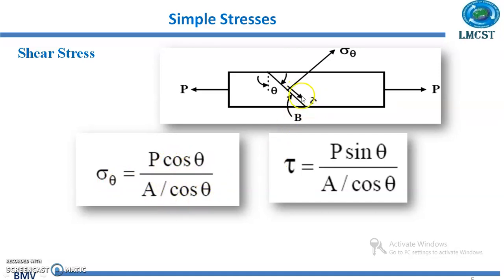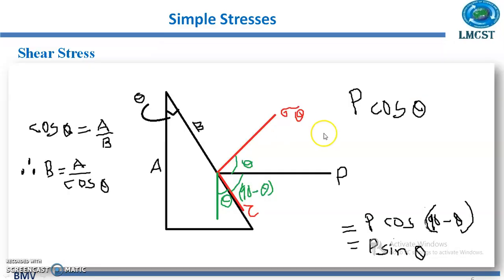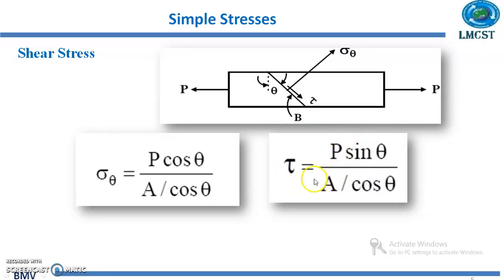And if we consider the shear stress tau, the shear force magnitude we have found as P sin theta, and the area is equal to A by cos theta. The other dimension we are taking as 1 millimeter. So here I can write tau is equal to P sin theta by A by cos theta. This is how we are getting this normal stress and tangential stress.